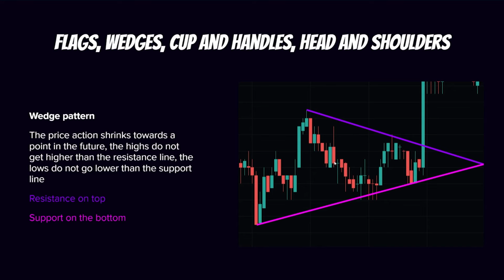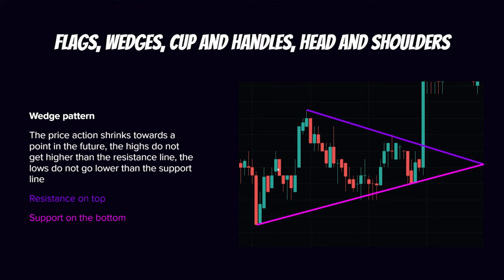Another important pattern is the wedge. Wedges show a consolidation of price action around an area. This could be a symmetrical wedge, like in this case, where the two lines identifying the wedge, the higher resistance, which here is descending, and the lower support, which here is ascending, have basically the same inclination, the same slope.